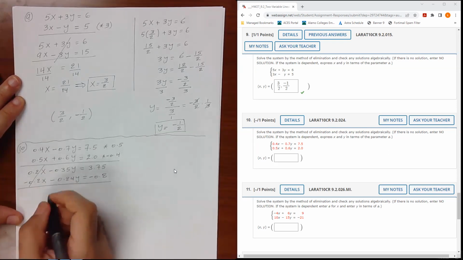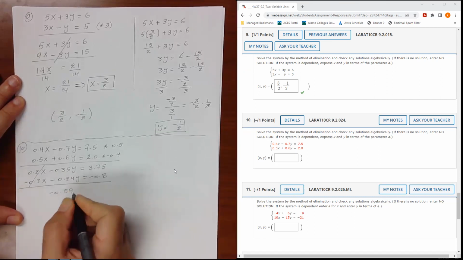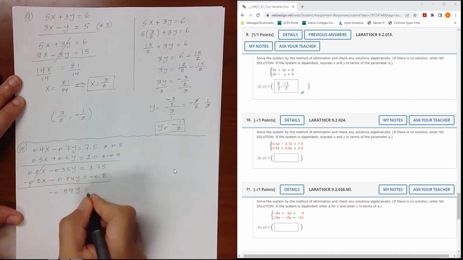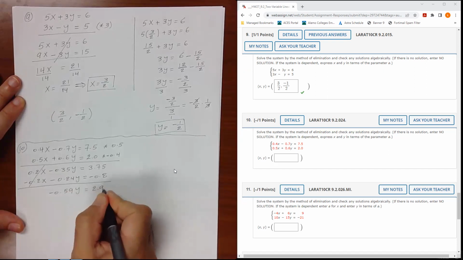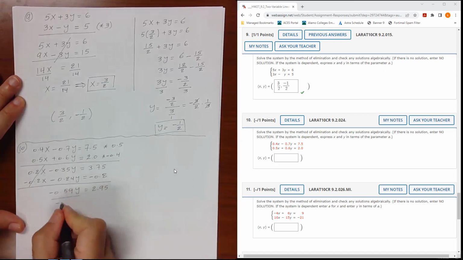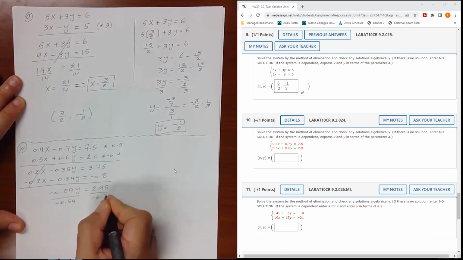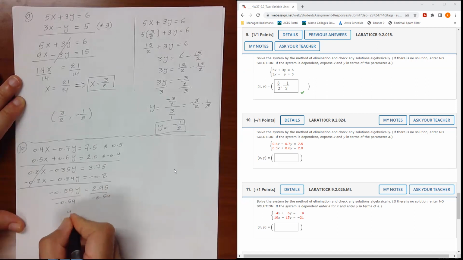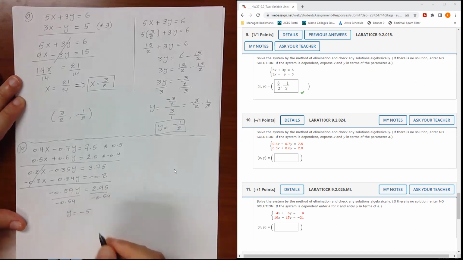Negative and negative is going to be negative 0.59y, and combining these together, equals 2.95. Divide both sides by negative 0.59. So y is going to equal negative 5. So here is the value of y.